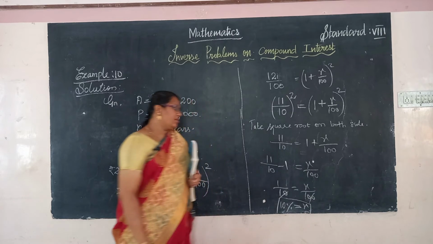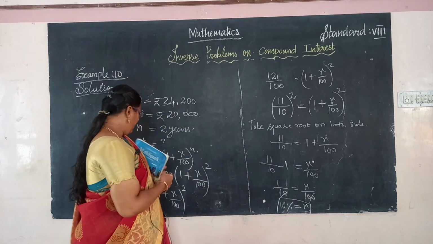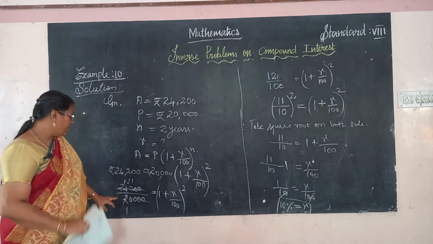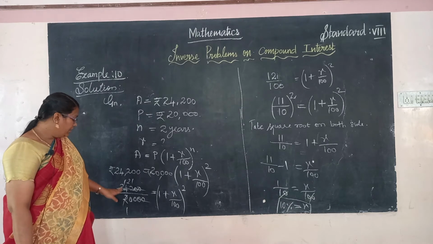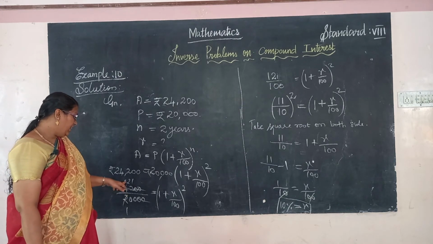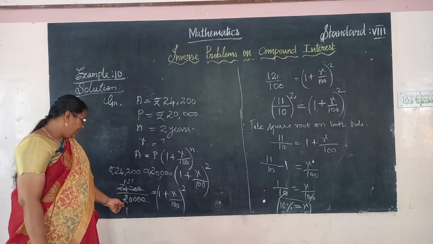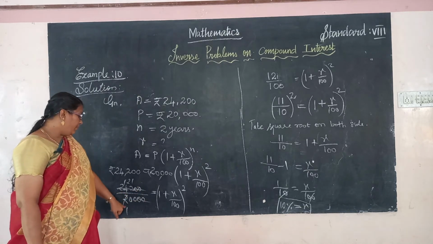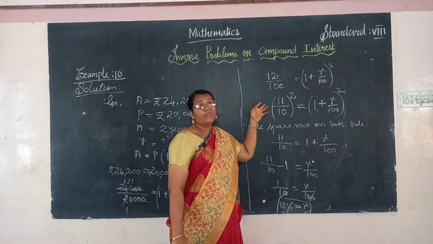Therefore the rate of interest is equal to 10%. Why do we simplify at this place? First we simplified by 2 twos, cancel, we get 121. After 2 zeros will be cancelled, we get 121 by 100. After that we write in the square.